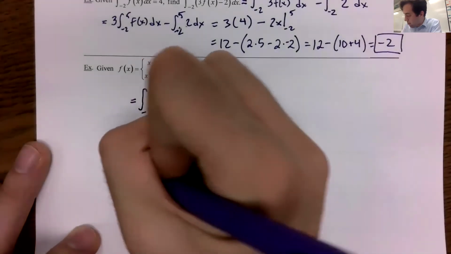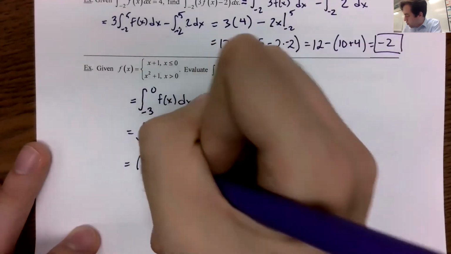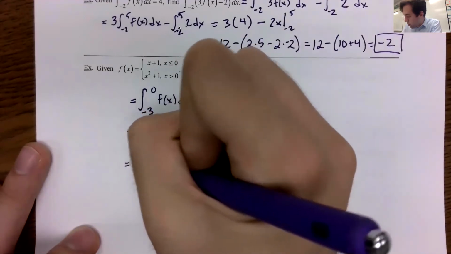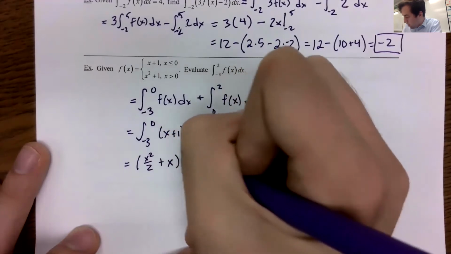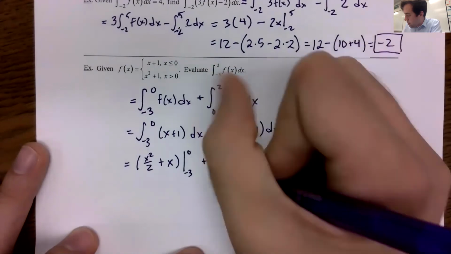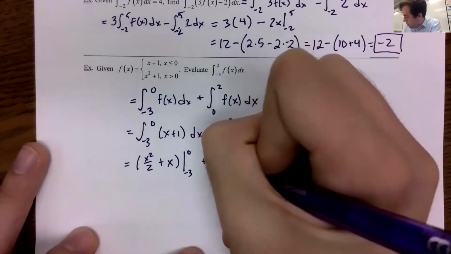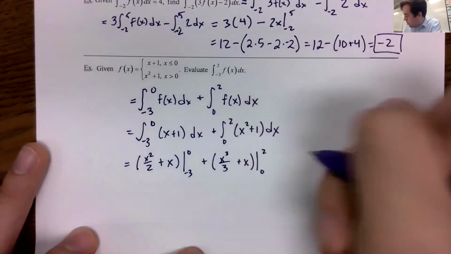So we have x squared over 2 plus x from negative 3 to 0 plus x cubed over 3 plus x from 0 to 2.